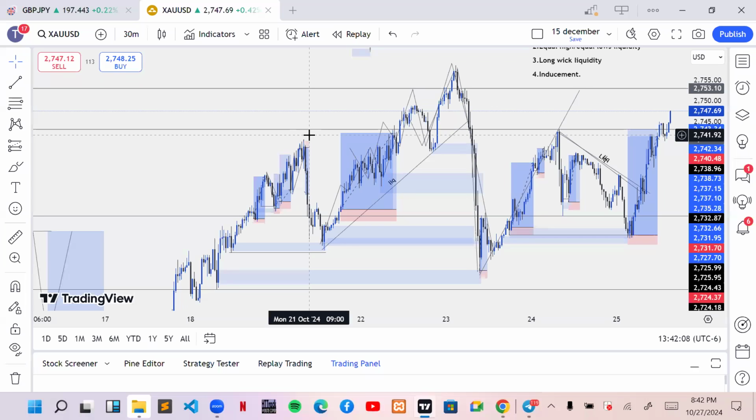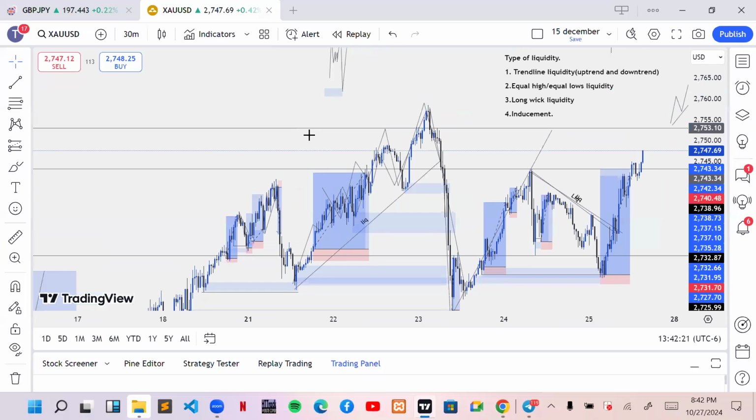First, check: did this order block trigger a shift in market structure? If it does, check if it has liquidity. If it does, check if it's unmitigated. If it has all these criteria, and you take a trade from here expecting to take profit on the upside, you look at a valid point of interest that may trigger a reversal in the market. That's where you put your take profit.